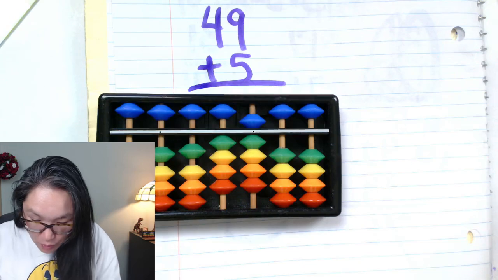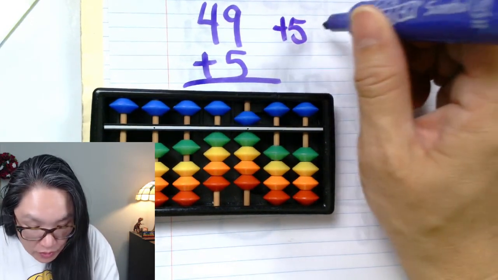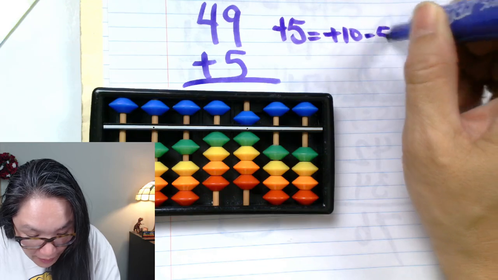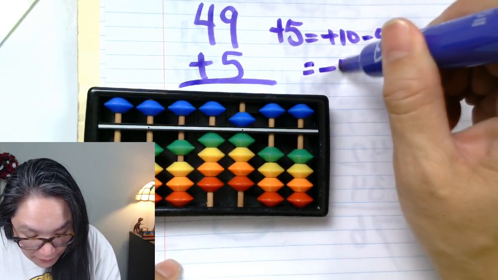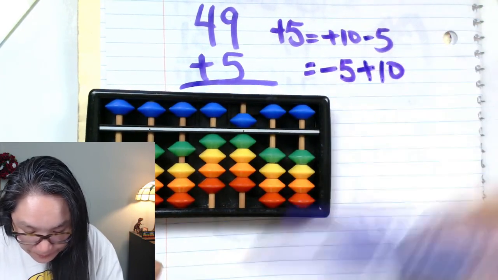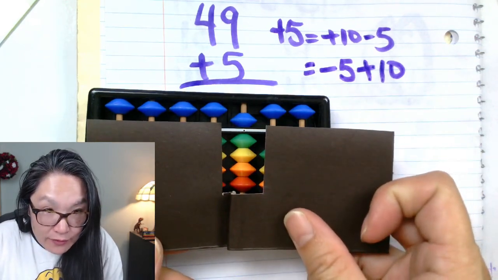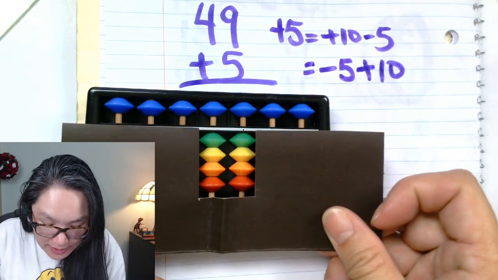So to plus the 5, we need to plus the 10 minus the 5. But again, let's do it the other way, right? We can also do minus the 5 plus the 10. Why? Because let's take away the 5, and then we have to plus the 10.